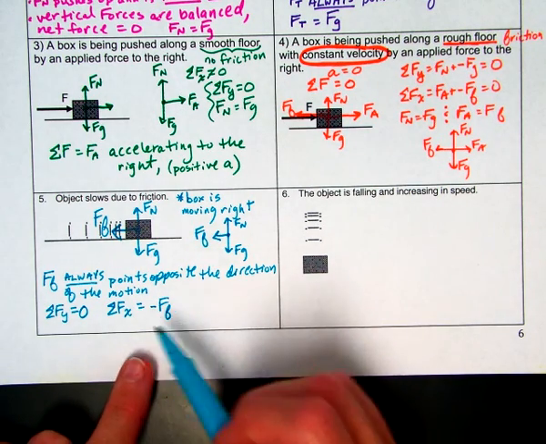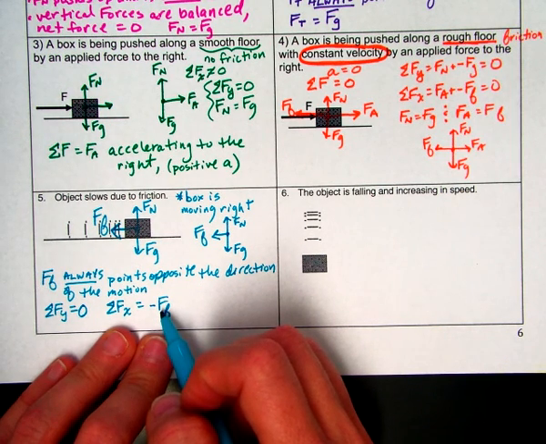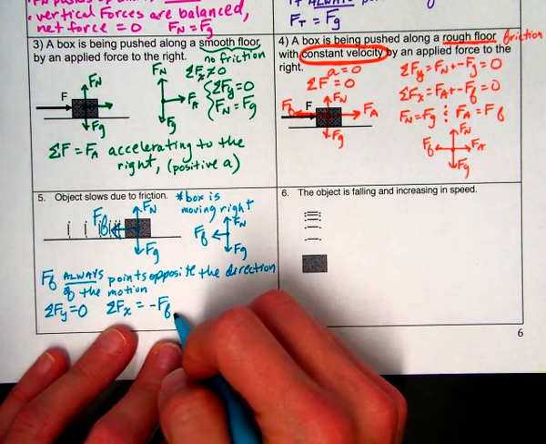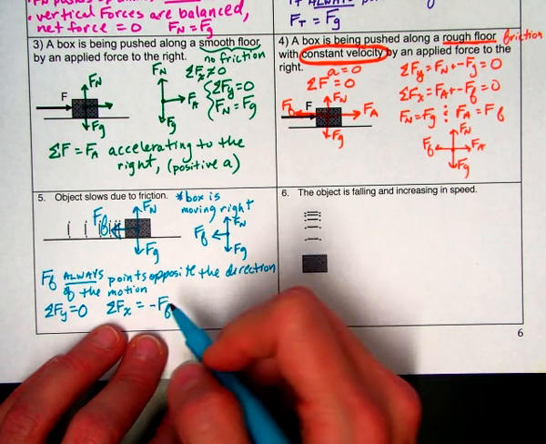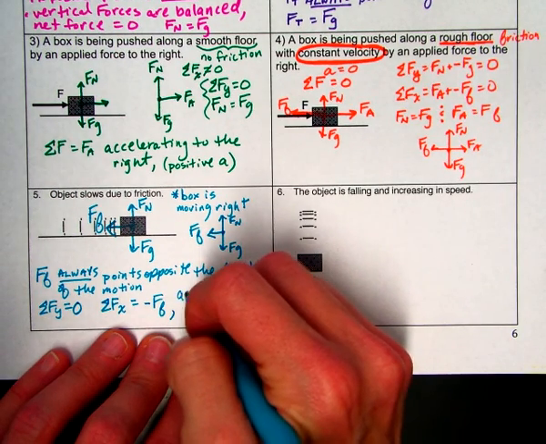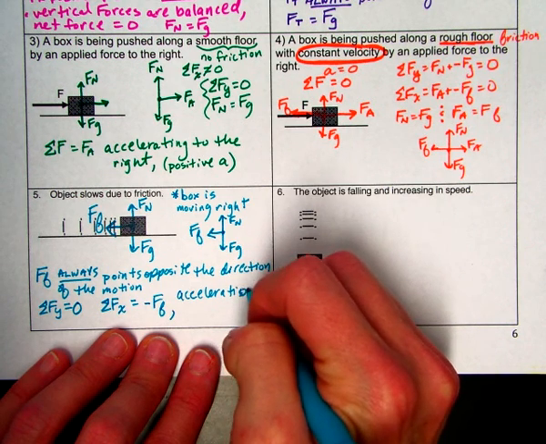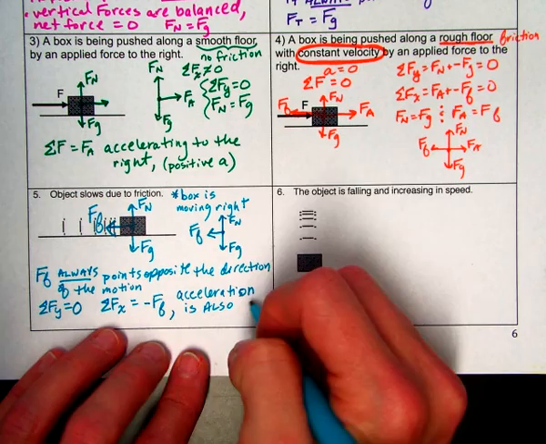So here, what this means is that I have negative force, okay, which means what direction is my acceleration? If I have a negative force, the acceleration is also negative.